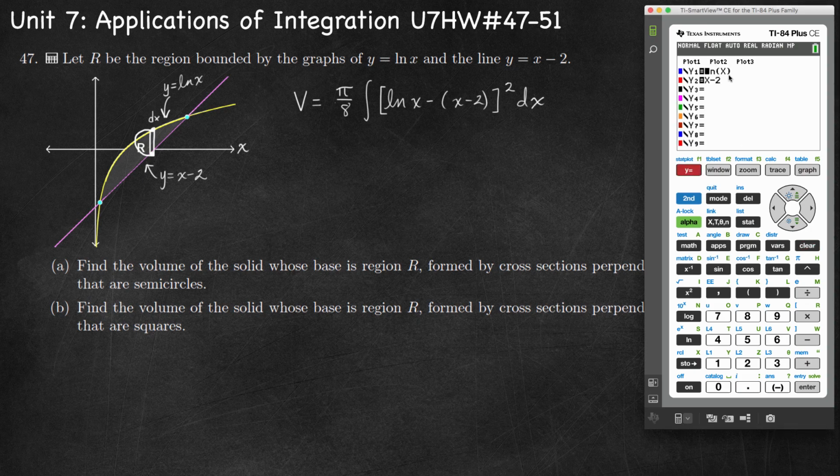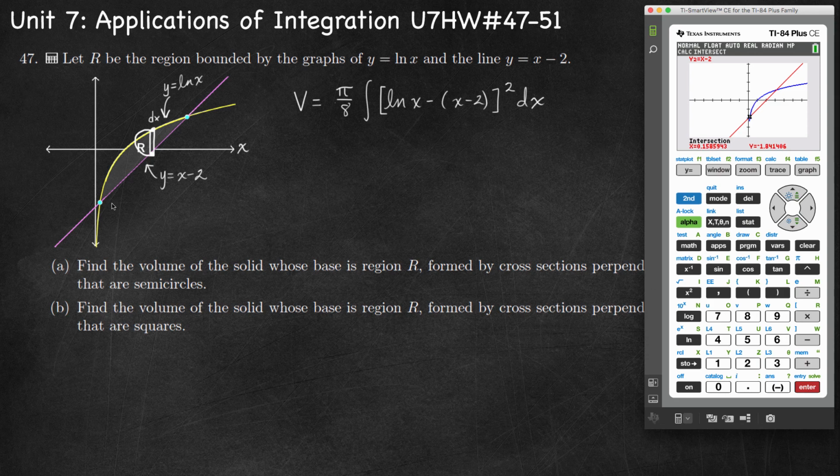Let's back up. We've got ln x in y1, x minus 2 in y2. And let's just try zoom 4. We'll see how that's going to work. Yep, that works out just fine. And then I want to find my points of intersection. Let's bring my cursor in.